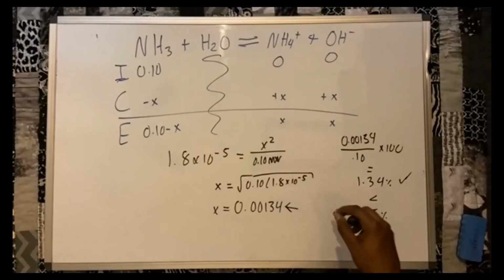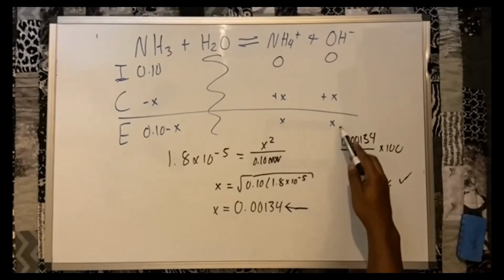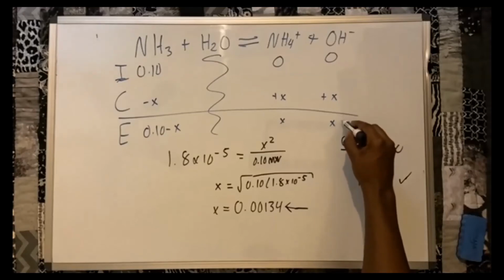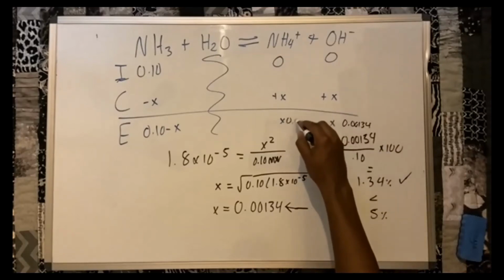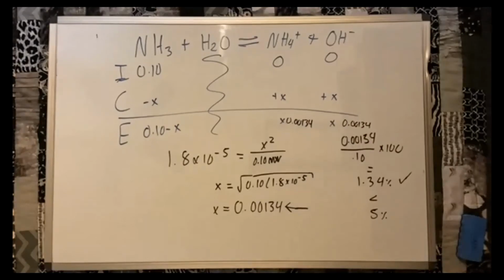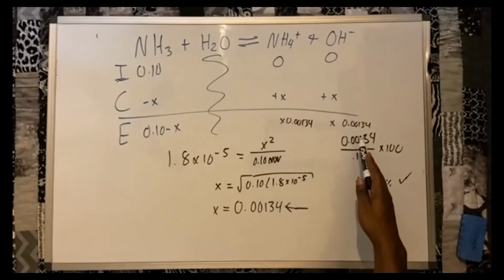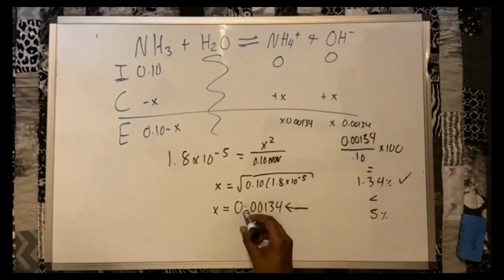So what are you going to do with that? You just plug it back into the x in the ICE table. Because I asked you for the pH, didn't I? So how do I get the pH from here? The negative log. Yeah, do the negative log of this.